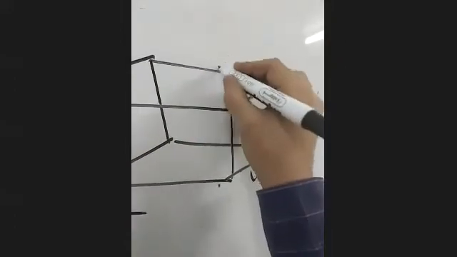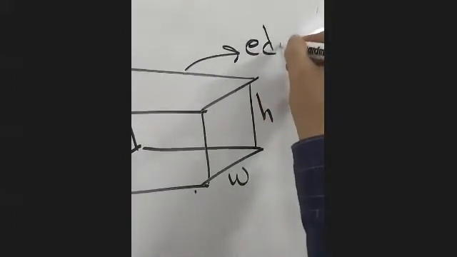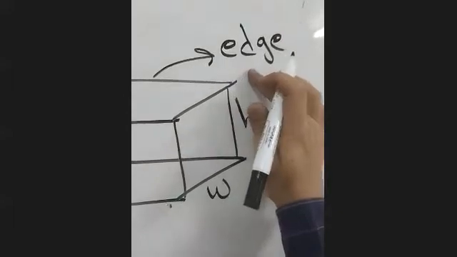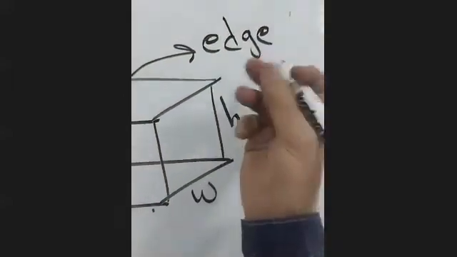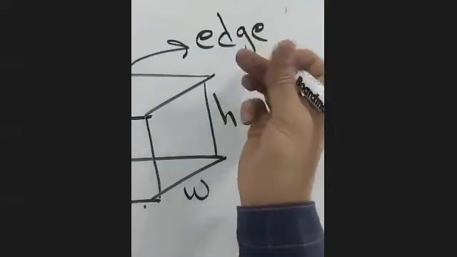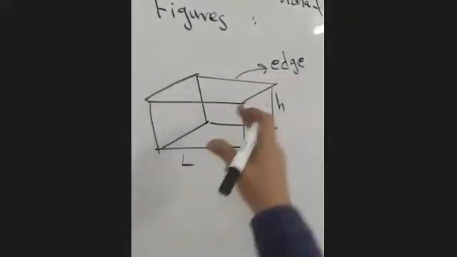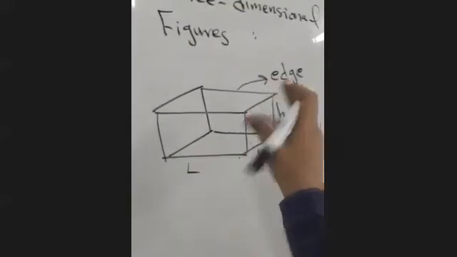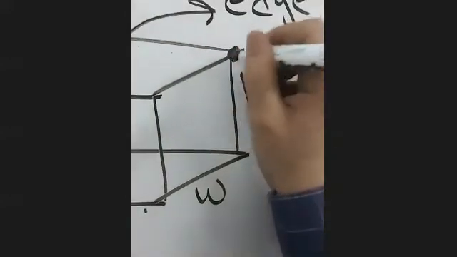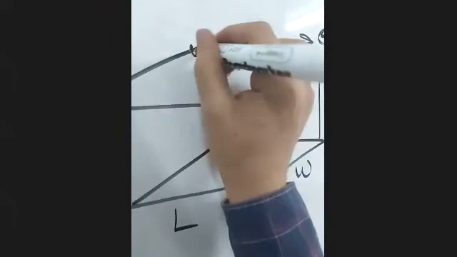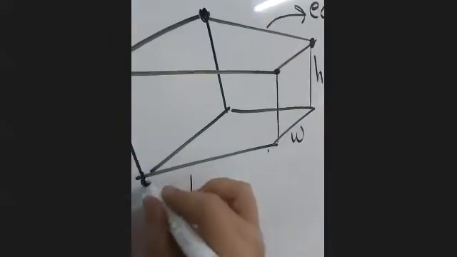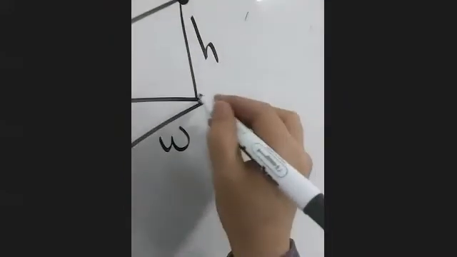This line, we call it an edge. Each line we call an edge, okay? But these points here, focus, guys, we call them vertices.